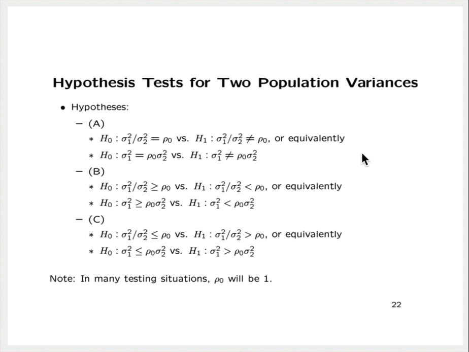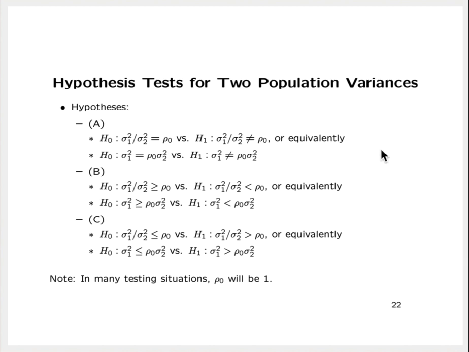Let's put all this together and come up with our hypothesis testing procedure. We have three sets of hypotheses, which I'll denote A, B, and C as usual. We could consider hypothesis A to be the hypothesis for a two-tailed test, hypothesis B to be the hypothesis for a left-tailed test, and hypothesis C to be the hypothesis for a right-tailed test.